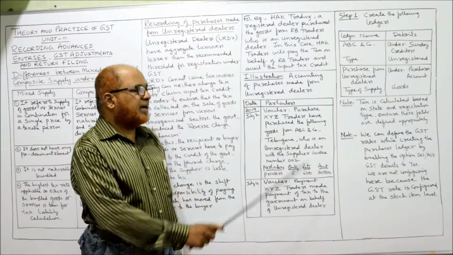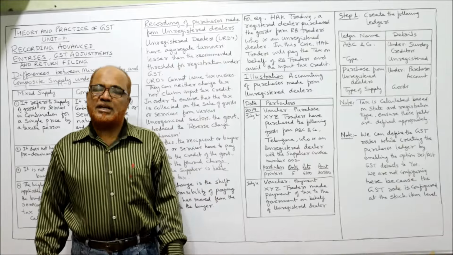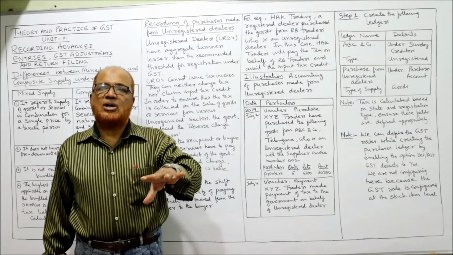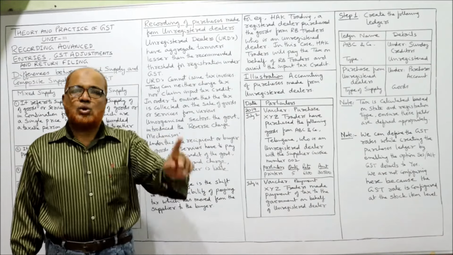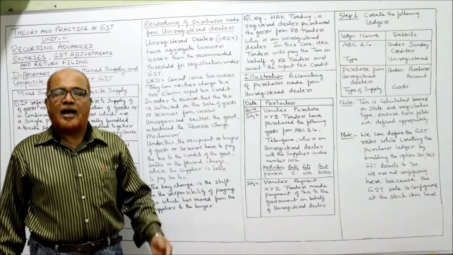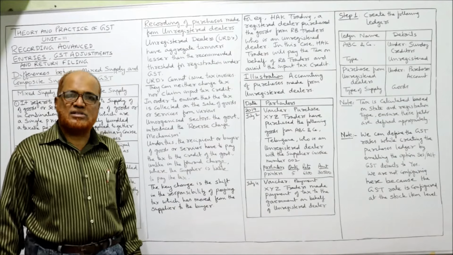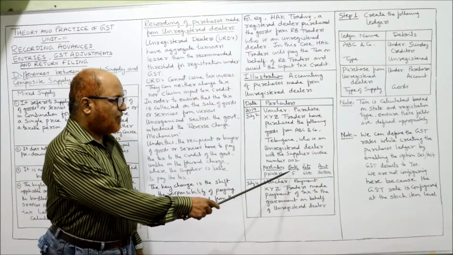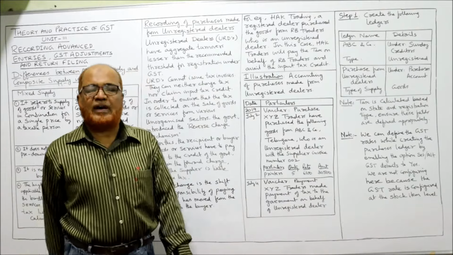Here XYZ Traders is a registered dealer, purchasing goods from ABC Company, an unregistered dealer. So ABC Company is the seller, the unregistered dealer, and the buyer of the goods is XYZ Company, a registered dealer. Particulars: printers have been purchased, 5 printers, rate 6,100, total amount 30,500.